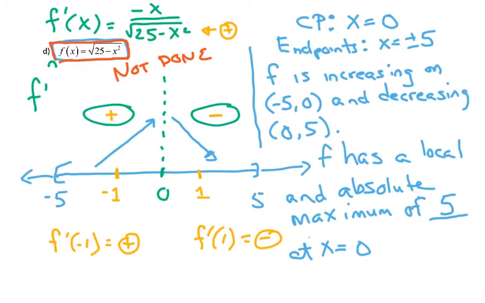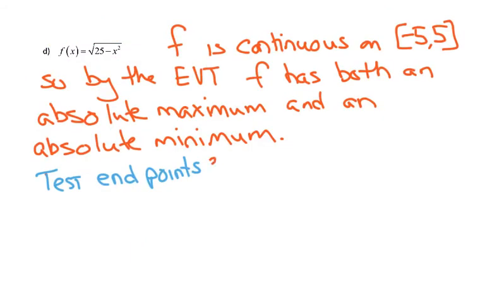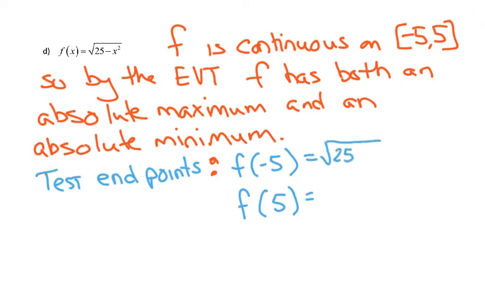From my test interval, I know that the maximum occurs here at x equals 0. So the minimum is going to be at one or both of these endpoints. So plug them in. What is f of 5 and -5? Well, if you square -5, isn't that 25?